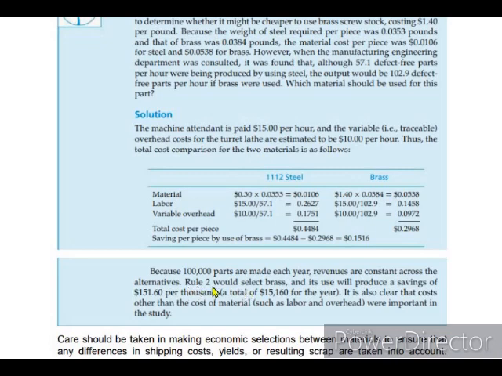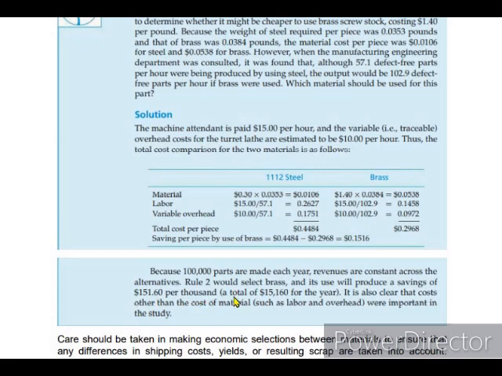Because 100,000 parts are made each year, revenues are constant across the alternatives because it is the same output. Okay, so rule 2 would select brass, and its use will produce a savings of what? We will just multiply it by the number of parts. That's why we got 151.60 per thousand.